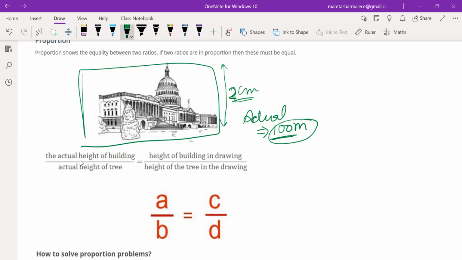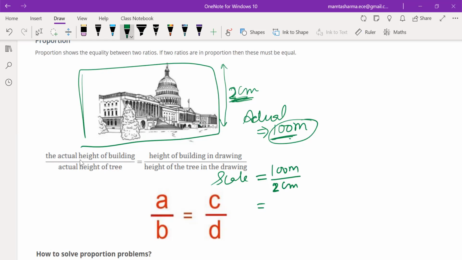This is the height in the picture, and this is the actual height. The scale can be found by taking the ratio of the actual height to the height in the photo. The height in the photo is 2 centimeter.